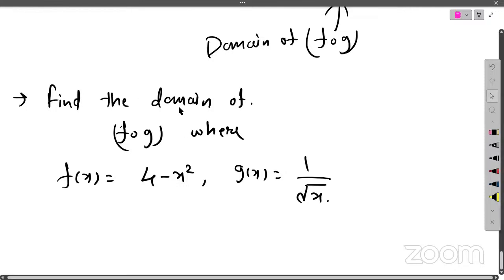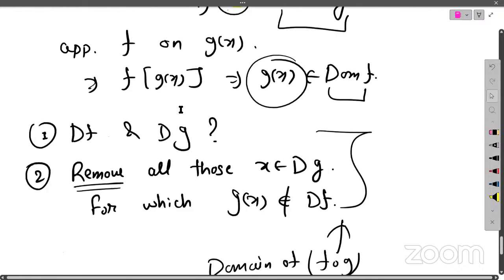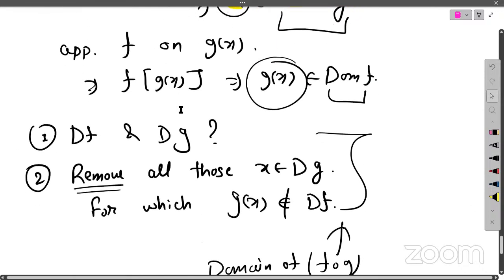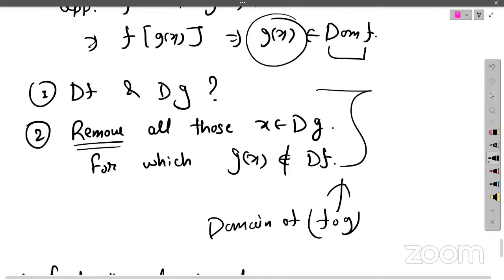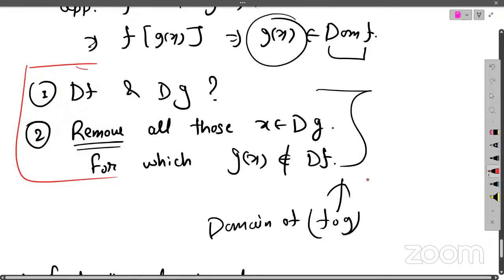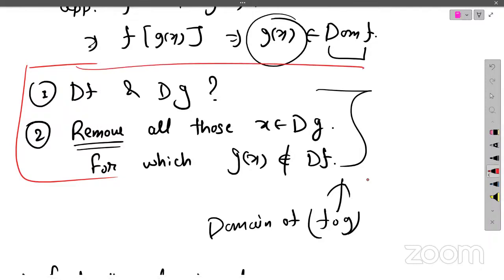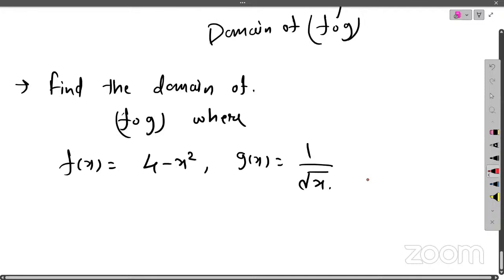This is the warning we already discussed in week 5. If you just go by the expression, first finding f composite g and then computing its domain, you might miss some points. So whenever you have to find the domain, just go by these steps.